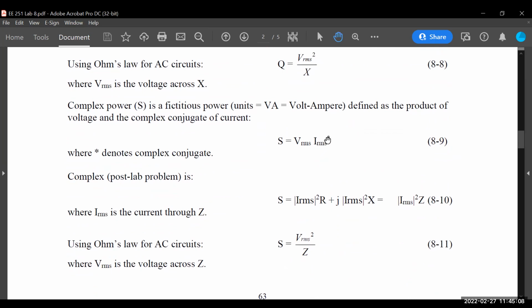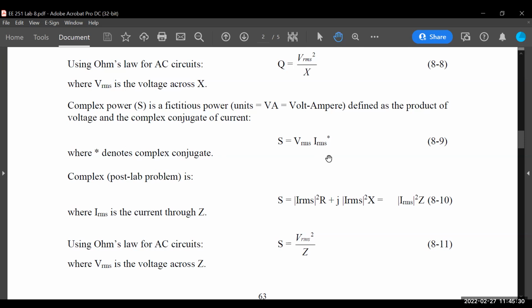That asterisk denotes the complex conjugate of the current, and the complex conjugate is simply the opposite sign of the imaginary part. So if it is A plus JB, the complex conjugate becomes A minus JB.